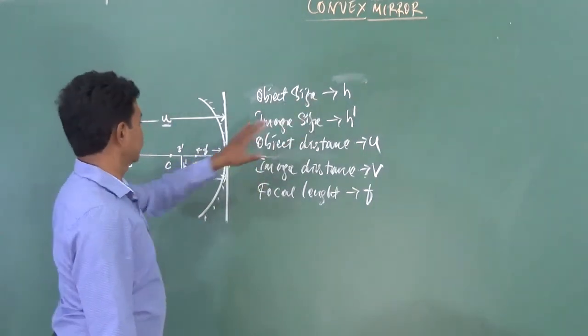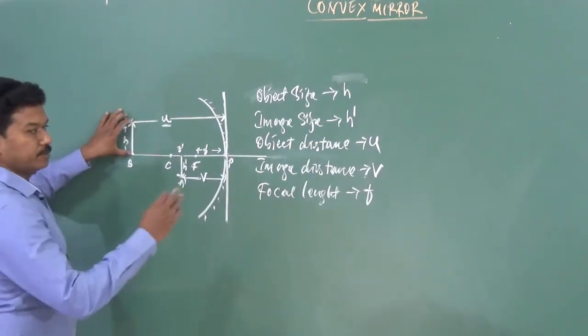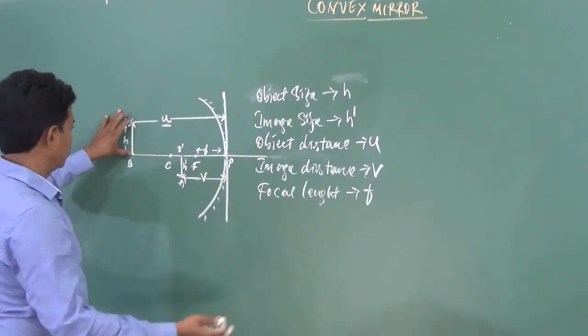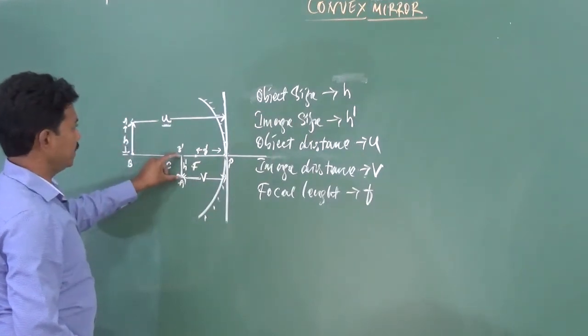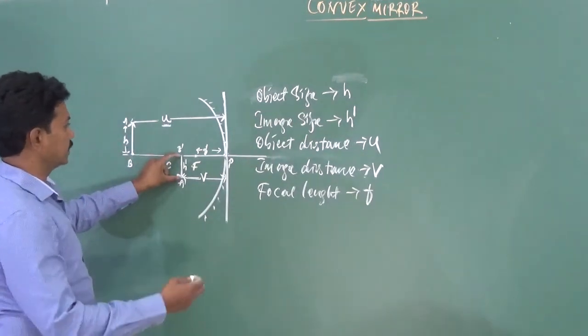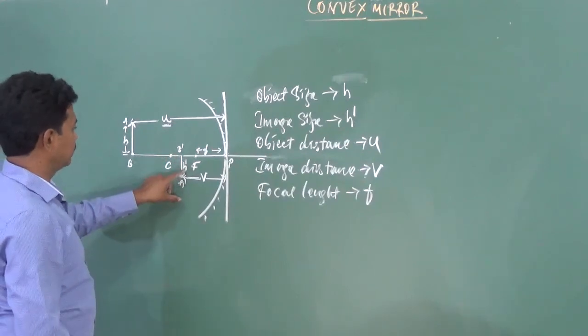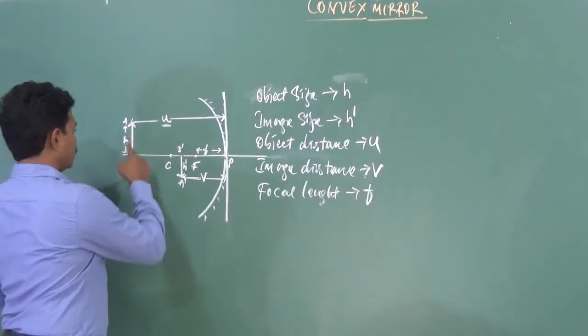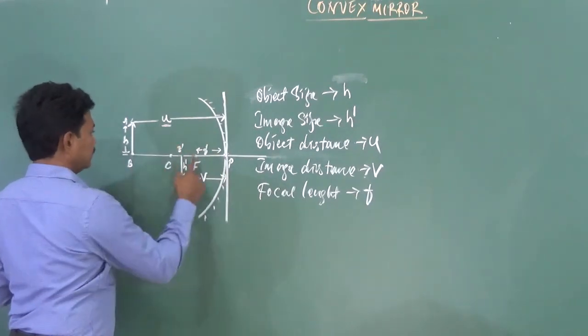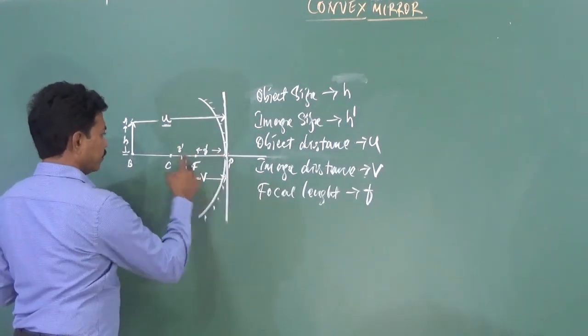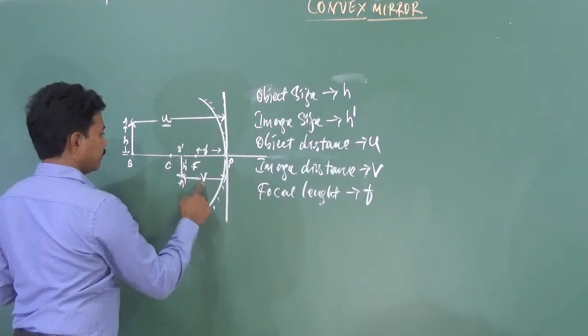Object size, or height of the object, is h. This is the image height, or size of the image, represented by h dash. The distance of the object from the pole of the mirror is represented by u. The distance of the image from the pole of the mirror is represented by v.